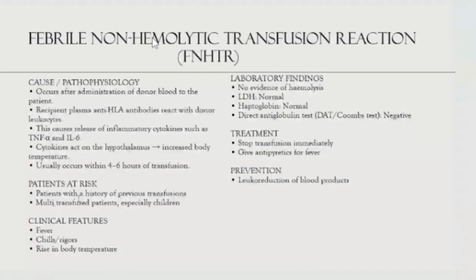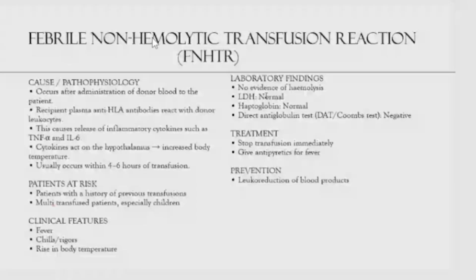So this antibody will go and stimulate the hypothalamus, and hence give us this complication of febrile non-hemolytic transfusion reaction. Second, most important is that children are at the maximum risk of this febrile non-hemolytic transfusion reaction.